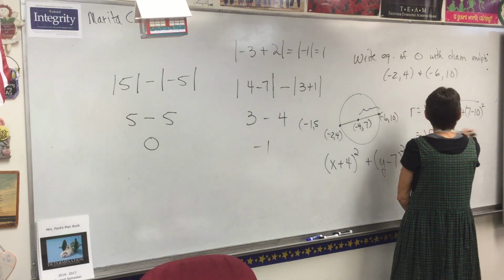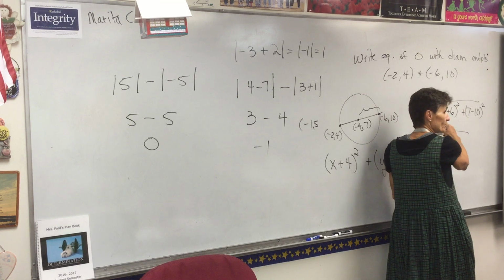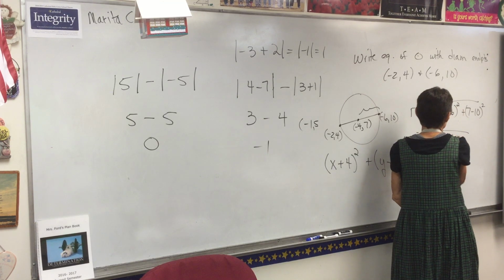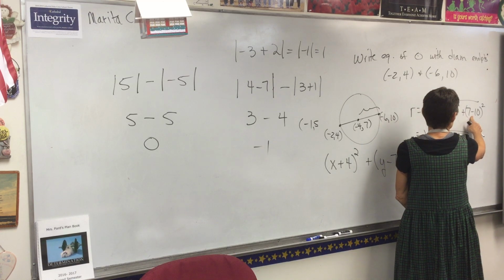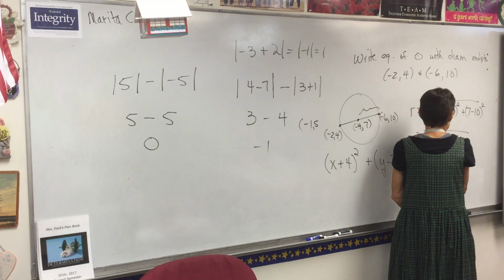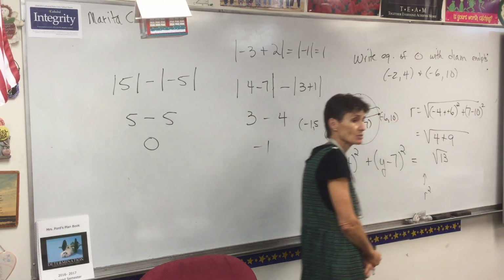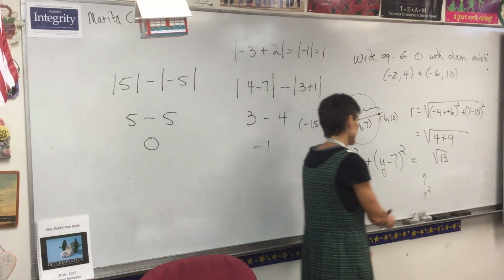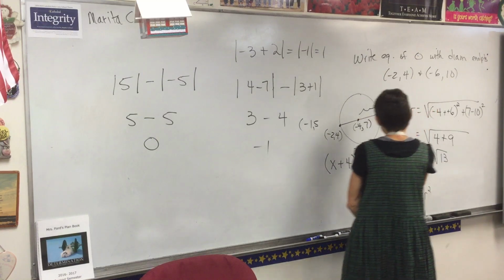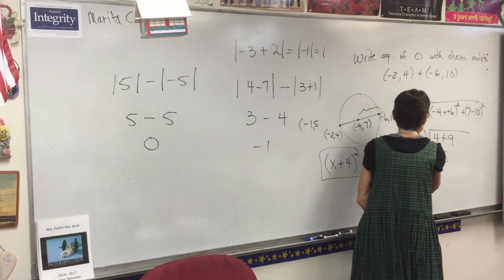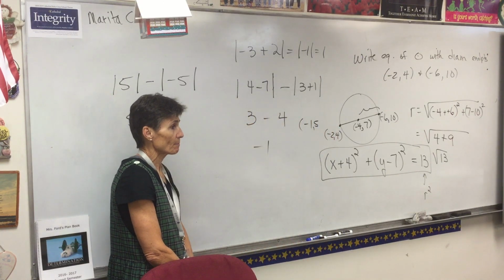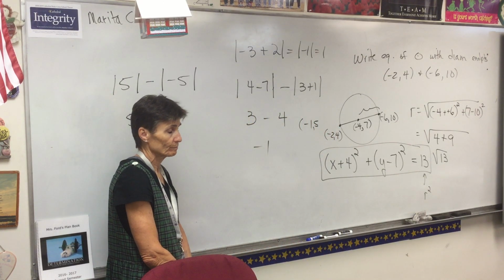I end up with 2 squared, 4, and 9. So my radius is the square root of 13. Which means in the equation it's just going to be 13. That is not a hard problem, but there are several steps that we have to go through.